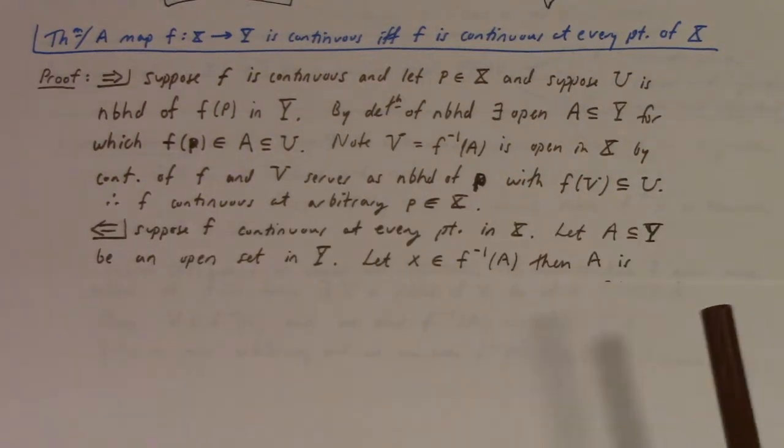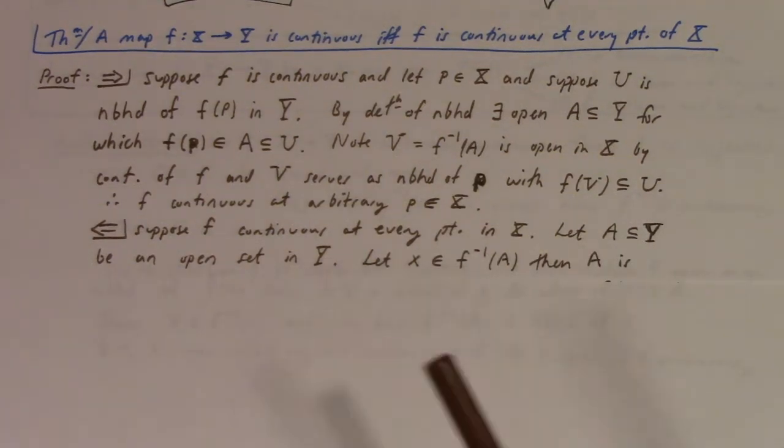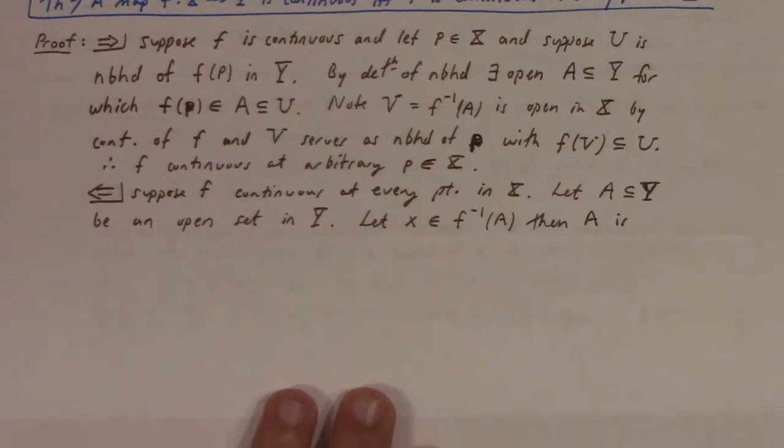Likewise, the other direction: if we have continuous at every point in X, and A is a subset of Y that is an open subset, let me scooch it up here a bit.